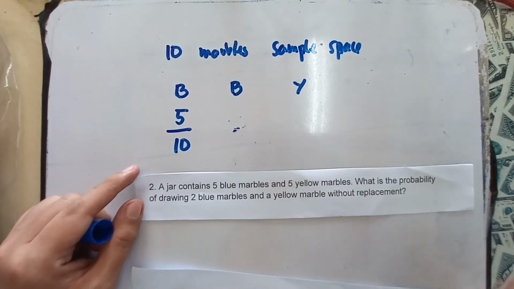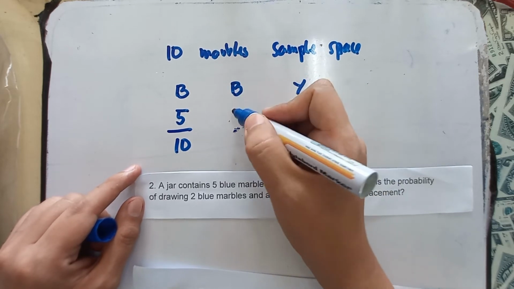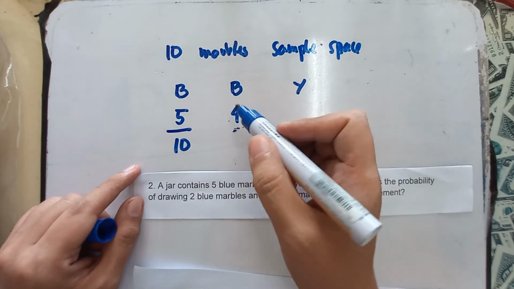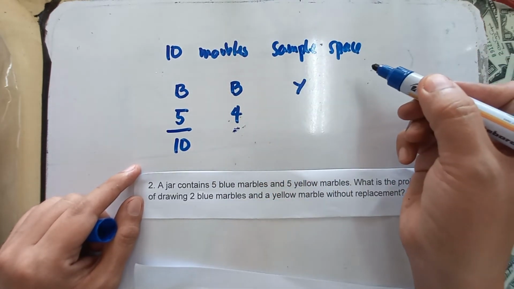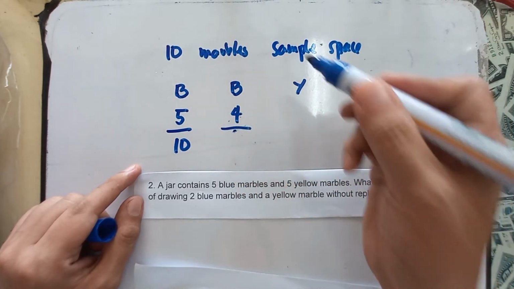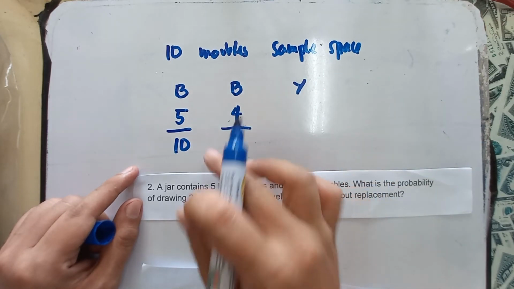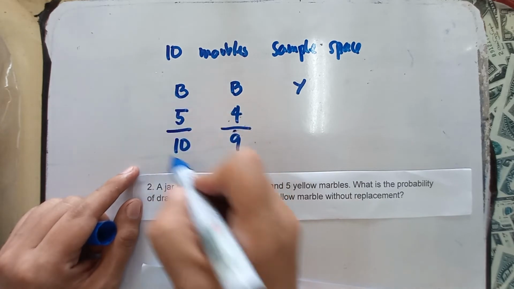Then, since you are not going to replace it, so in another blue, you only have 4 blue, assuming that you get the blue. So there are 4 blue marbles inside the jar, over 9. Since the sample space becomes 9, since you are not going to put back the marble that you have picked from here.